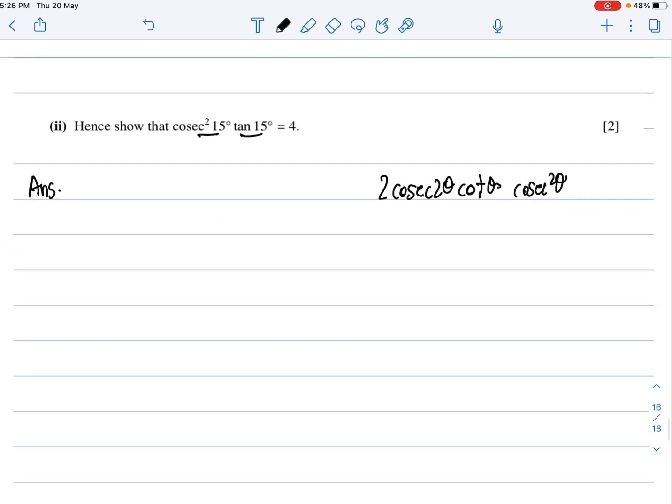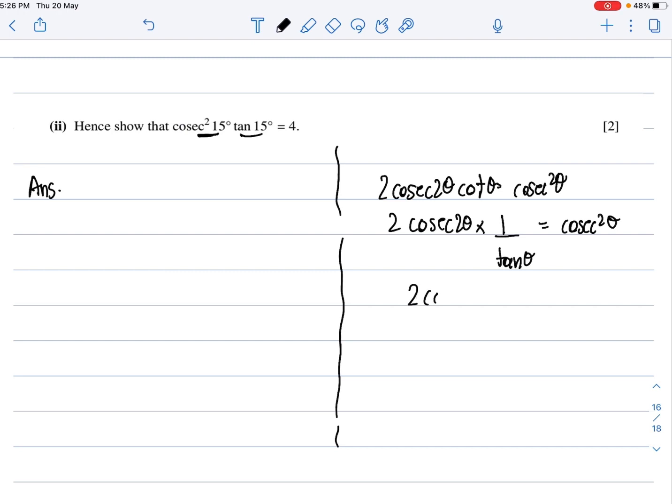So here if you see, I have cosec square. So I can write this as 2 cosec 2 theta, okay, into 1 over tan theta, which is equivalent to cosec square theta. Correct? This is part of my working. So I can write this as 2 cosec 2 theta will be equivalent to cosec square theta and tan theta.